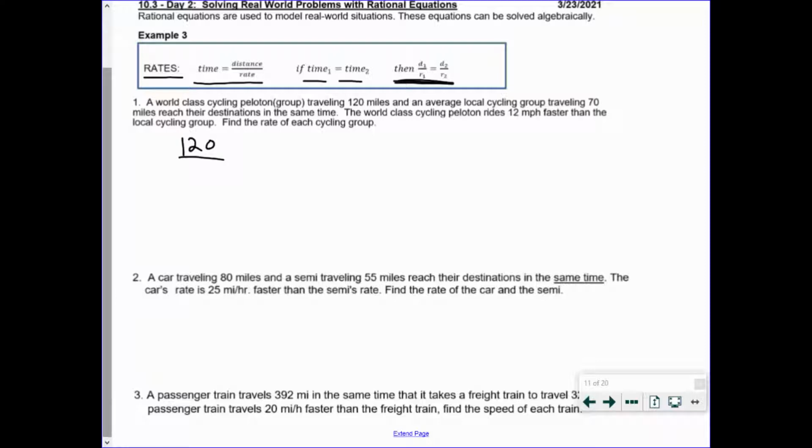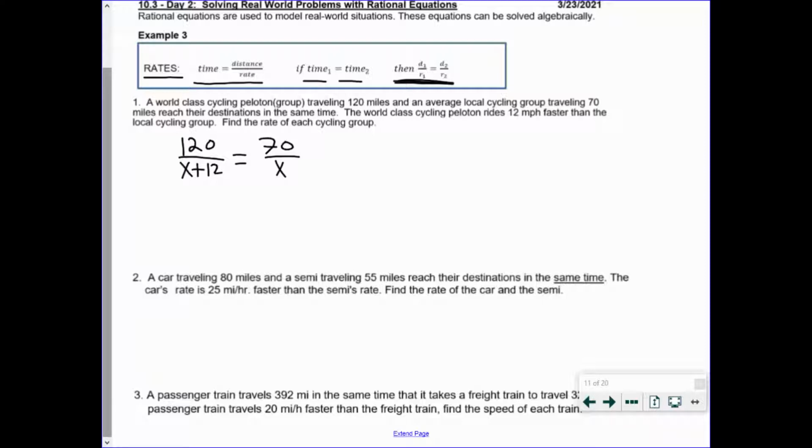Let's say the local group has a distance of 70 and a rate of x. That means the peloton group's rate is 12 more than that, or x plus 12.